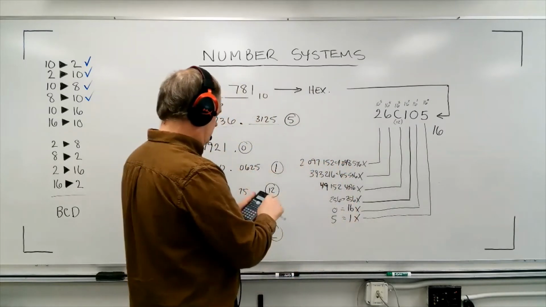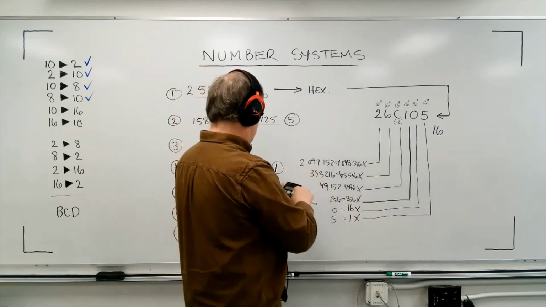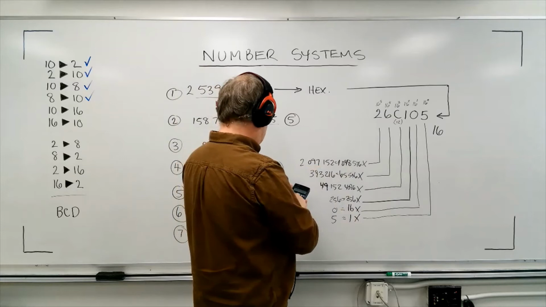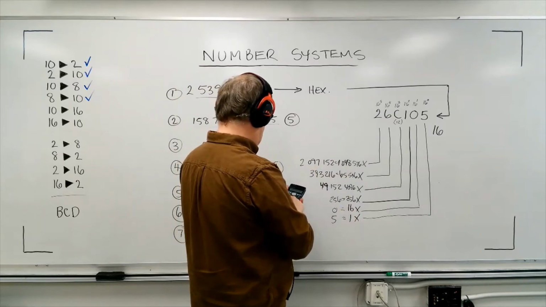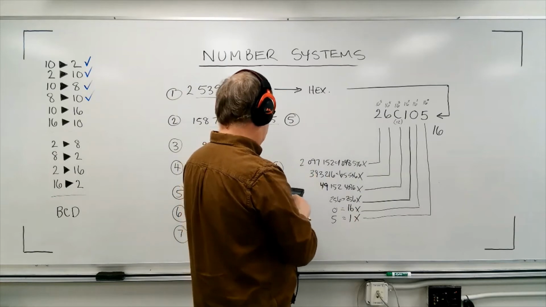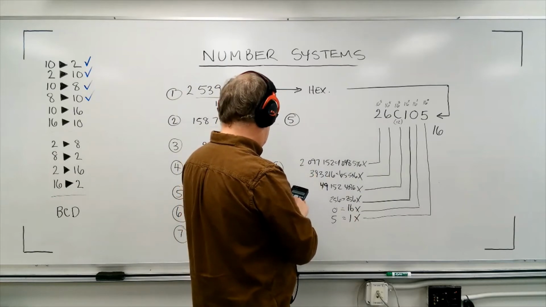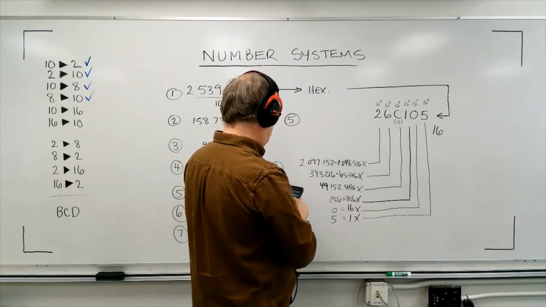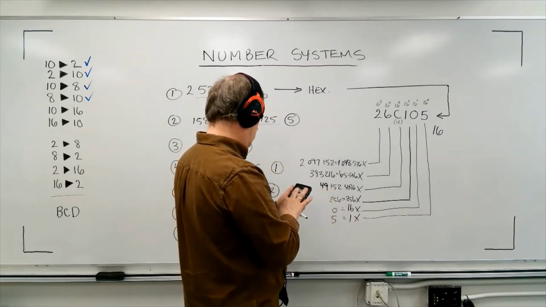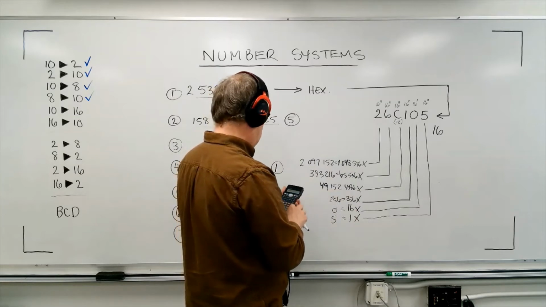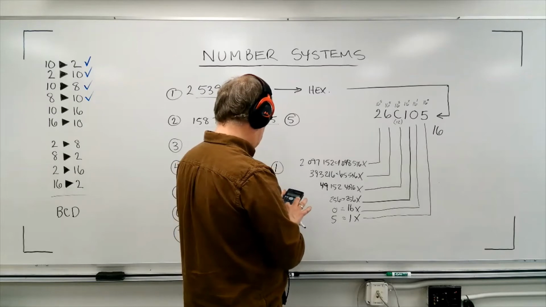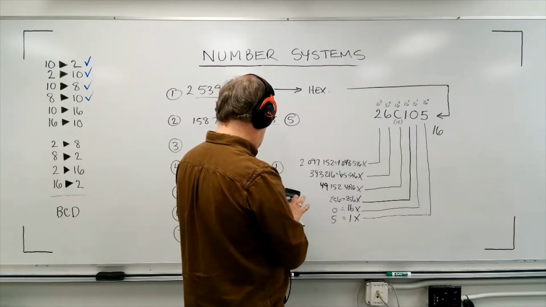Now, what we need to do is take this here, which is 2,097,152 plus 393,216 plus 49,152, and then we need to add 256 and 5.